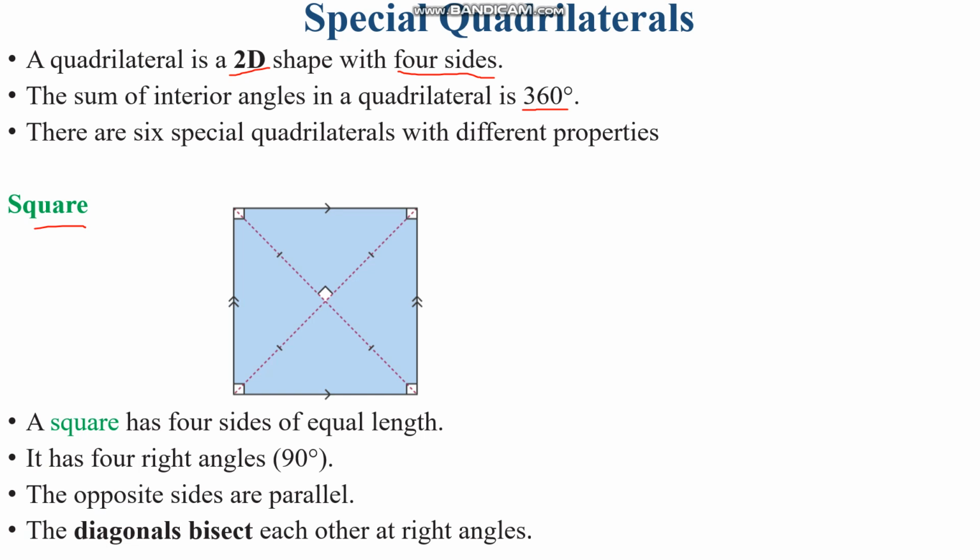So as you can see, this line is parallel to this line, and this line too is parallel to this one. And then you need to know that the diagonals of a square bisect each other at 90 degrees. So each one of these angles is a 90-degree angle.